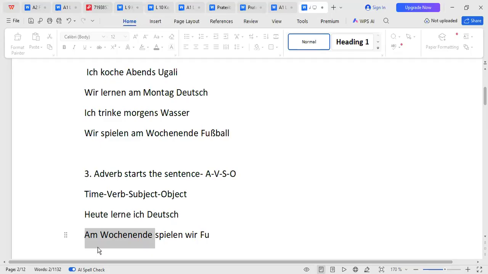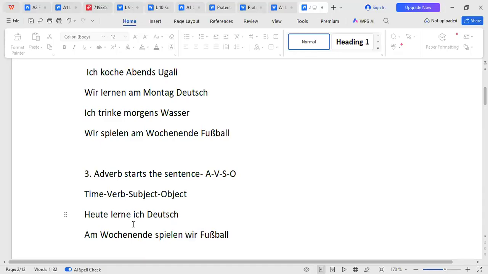So am Wochenende is one thing. Am Wochenende spielen wir Fußball. So the adverb of time will start. Am Wochenende, that is one. Spielen, zweite. Wir, dritte. Fußball goes last.